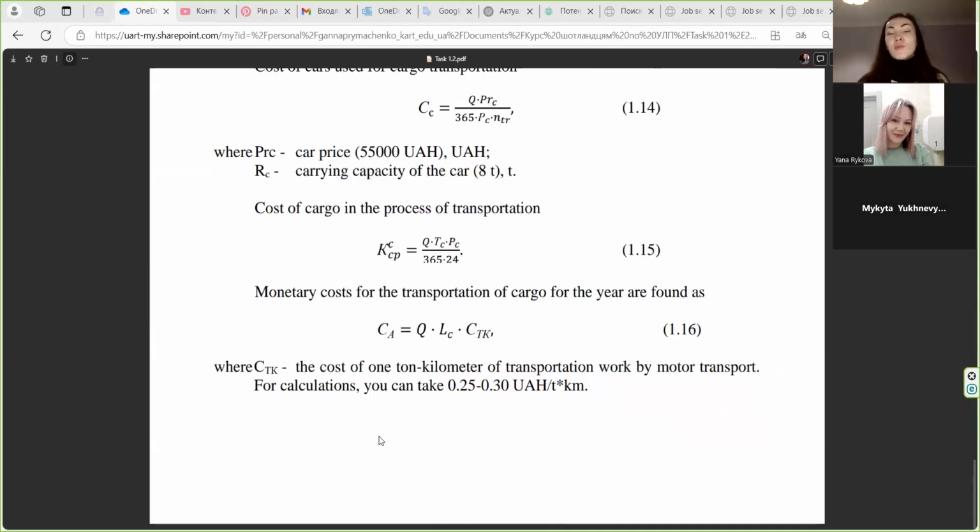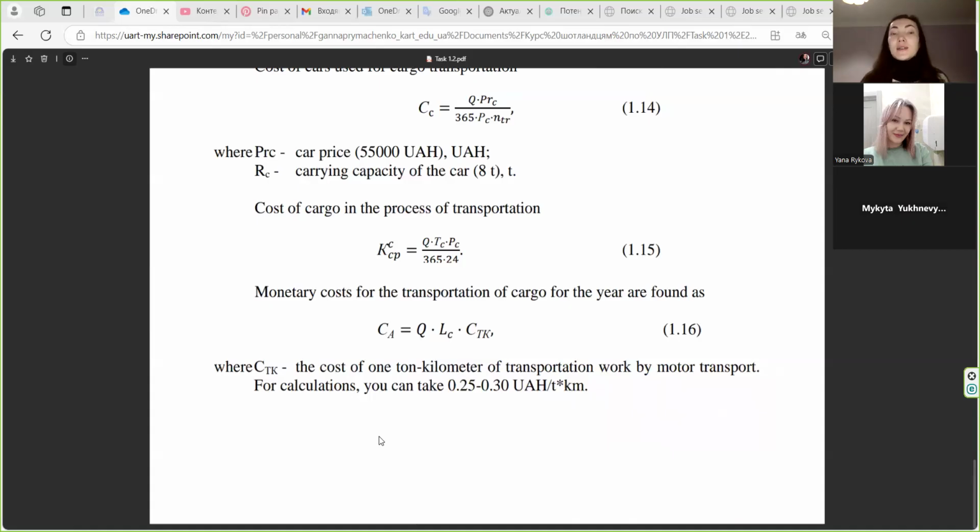And we need to calculate only one formula for finishing this task 1.2. The last formula, formula 1.16, is about the monetary cost for the transportation of cargo for the year. And we found it by multiplying three parameters. Now we find how much cost we need for transportation during 1 year. It is big sums for 1 year.